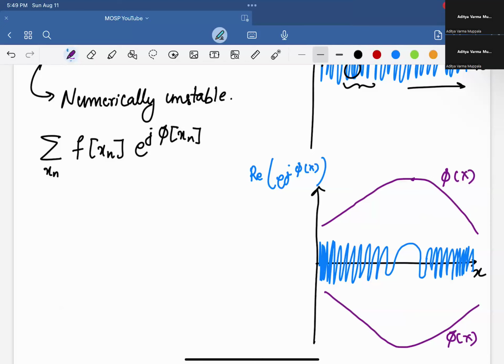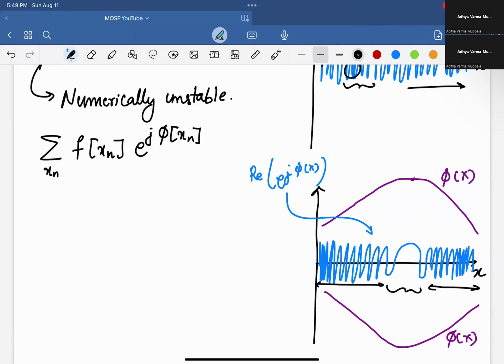But here, since it has slowed down, this phase term also slows down. So we can see that the contribution to the integral from all of this is mostly 0. But here it's not 0.